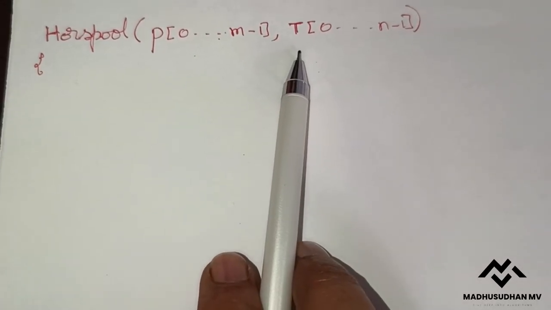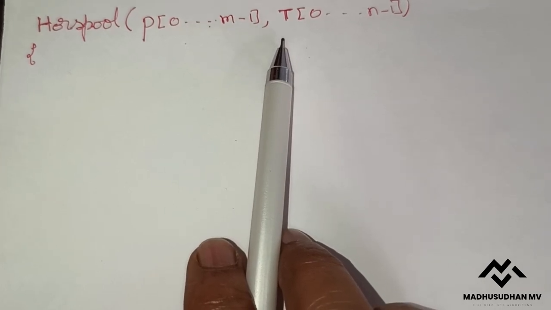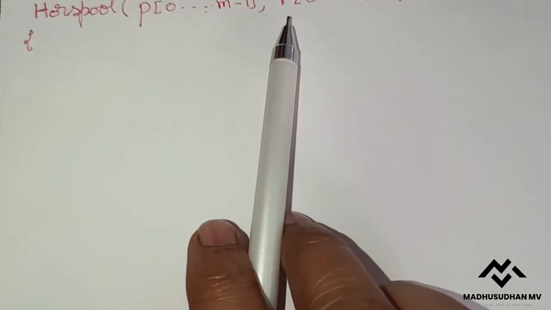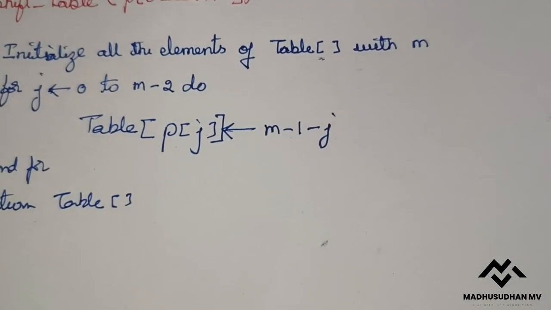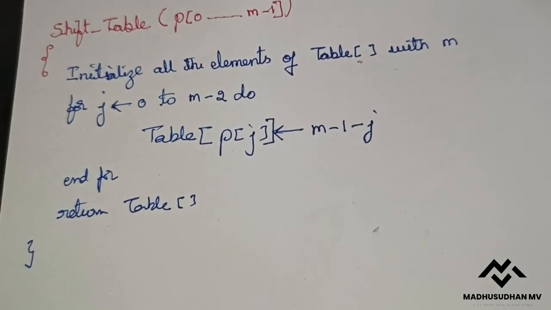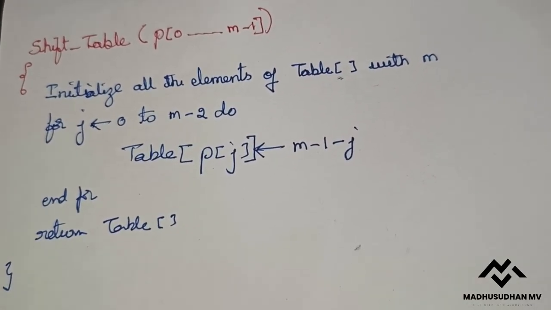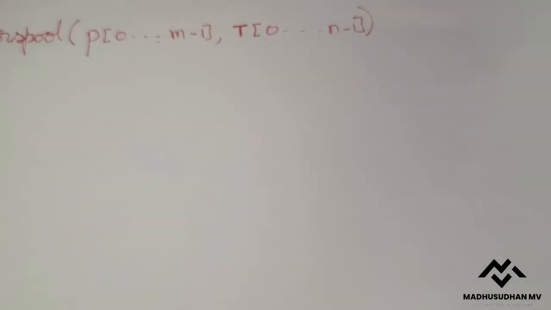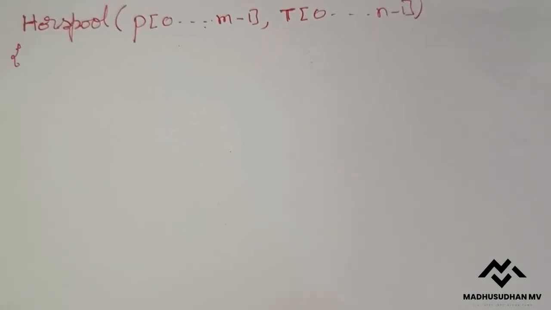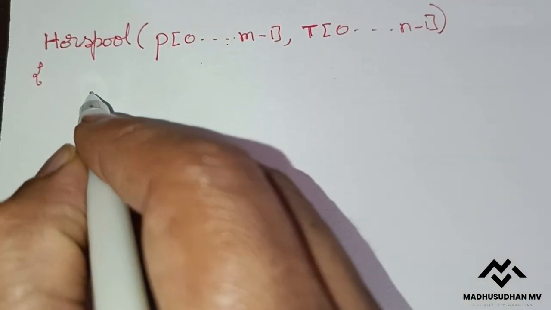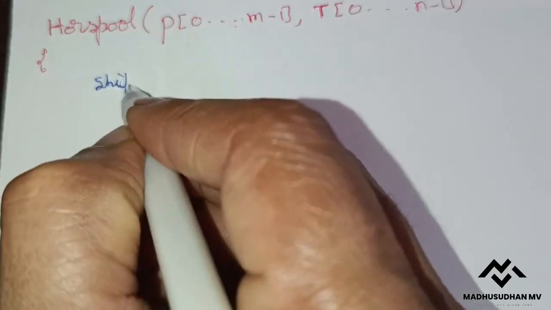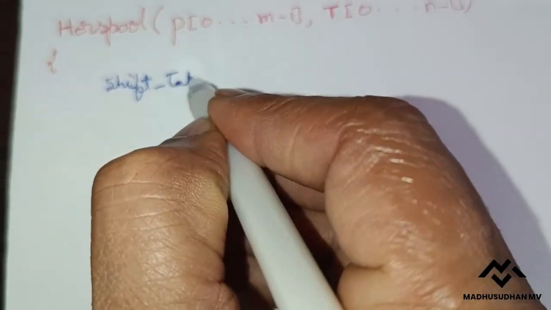Now, what is the first step? The first step is we need to generate the shift table. For that, we have already written the algorithm. This is our shift table algorithm. Now, we need to call this function to generate the shift table. So my statement is, first I am calling shift, that is the name I have given.